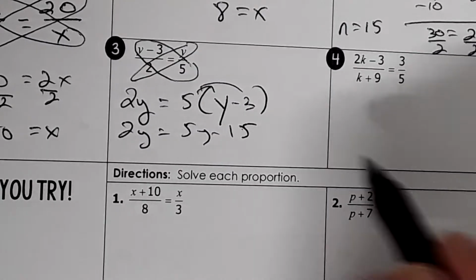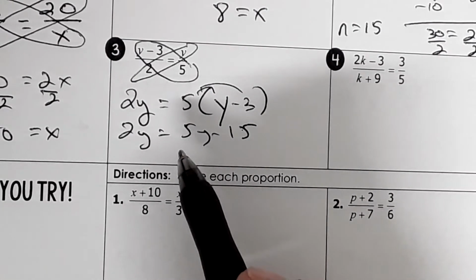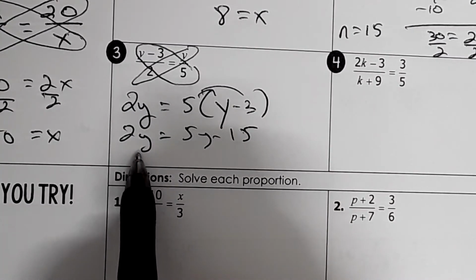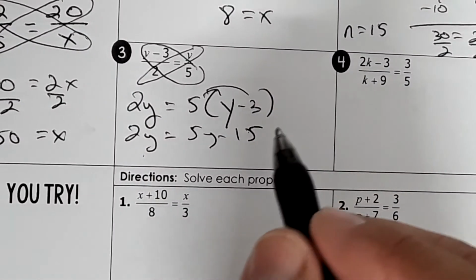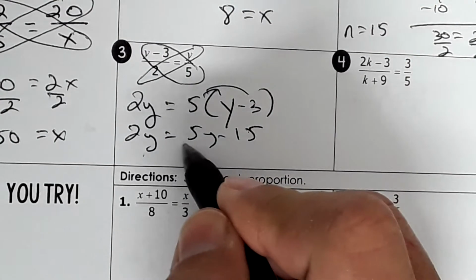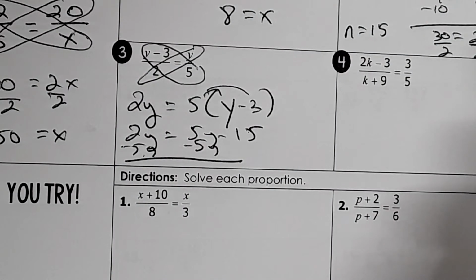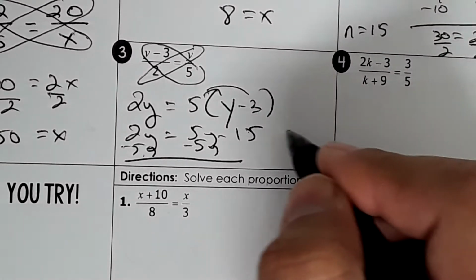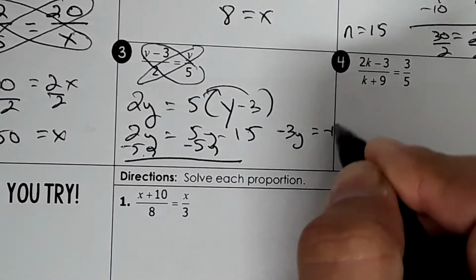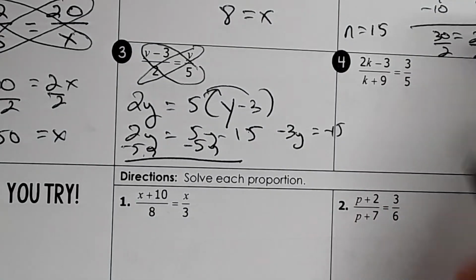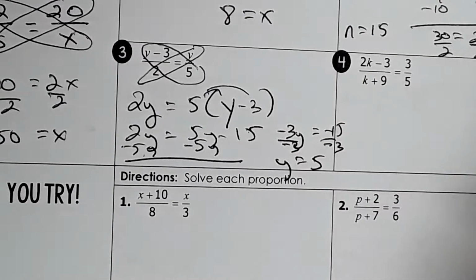Now I have a variable on both sides and I have to get rid of one. Now I know we normally say get rid of the smaller one, which would be the 2y, but if I do that, there wouldn't be anything left over here, and it gets confusing when that happens. So for this problem, here's the exception. I'm going to take away 5y from both sides, and that leaves me, I'm going to come over here and say negative 3y equals negative 15. Dividing by negative 3, I get y equals 5.